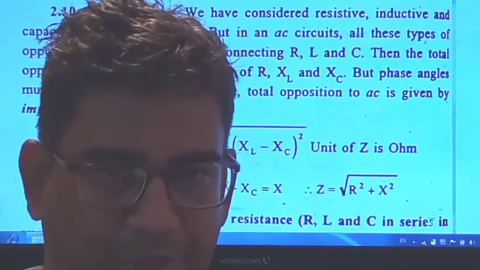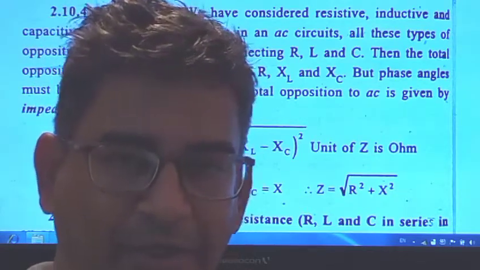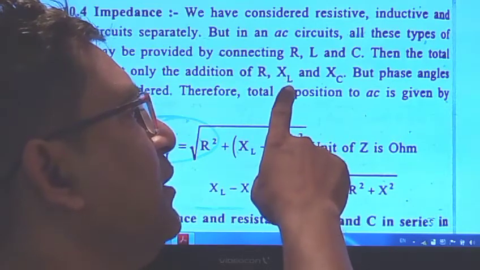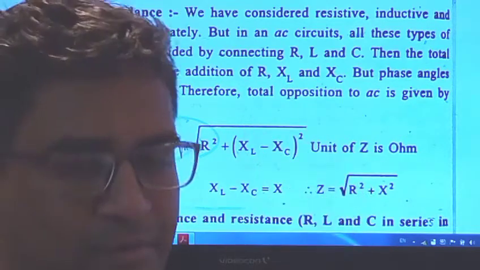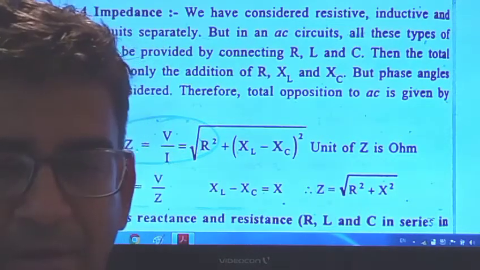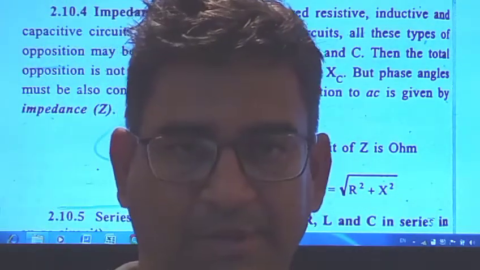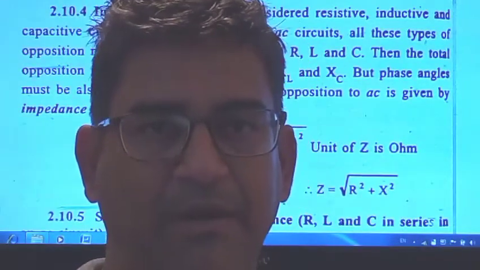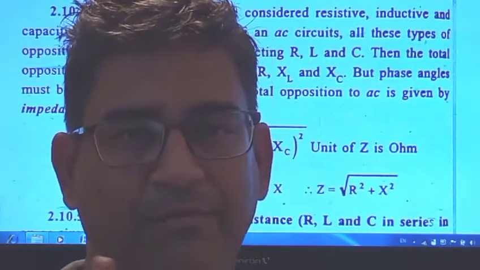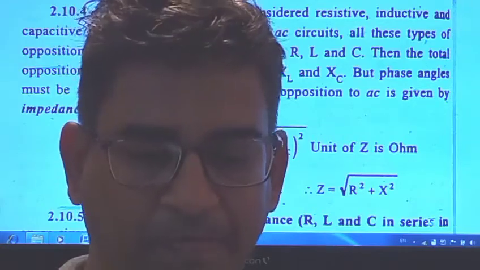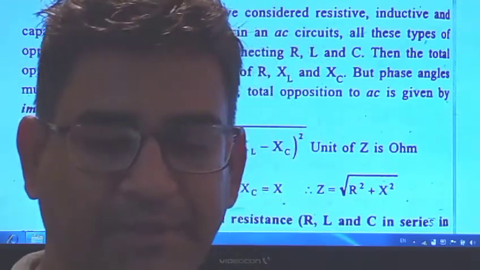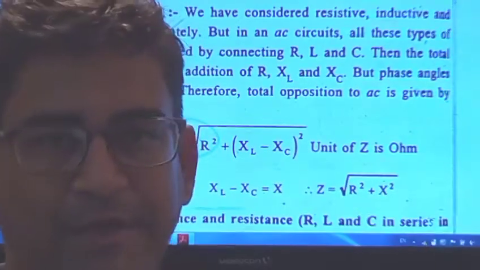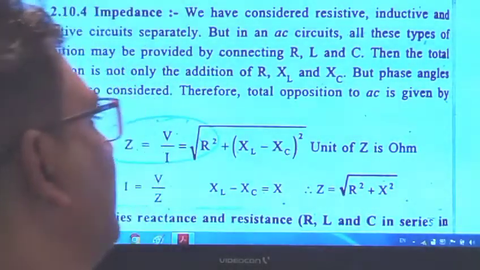The total opposition is the combination of the resistance, the inductive reactance and the capacitive reactance, and the phase angle must also be considered. The total opposition to AC is given by the impedance, indicated by Z.